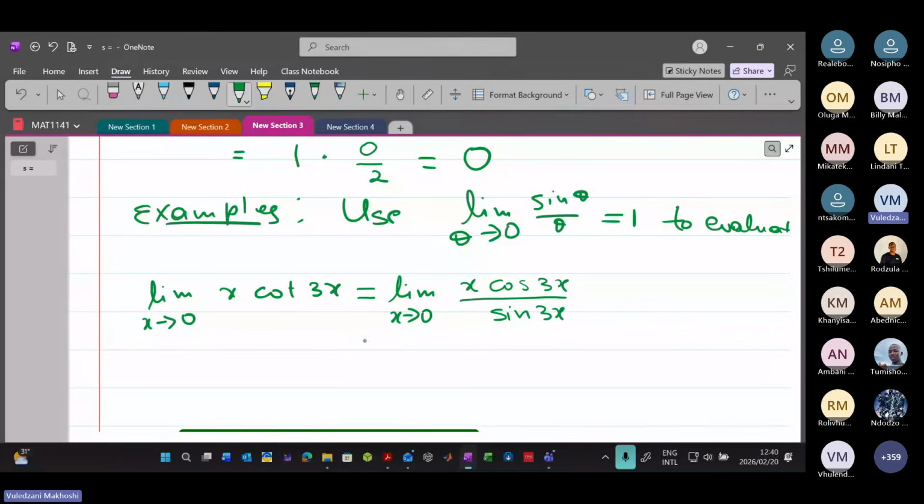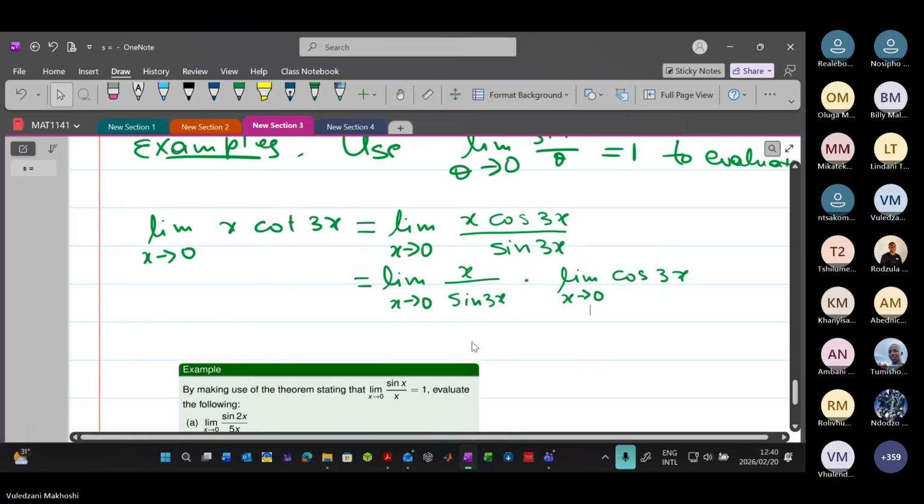So this is going to be equal to the limit x is approaching 0 of x over sine 3x. If we are making use of limit laws, this will be multiplied by the limit of cosine of 3x, x is approaching 0, like that.